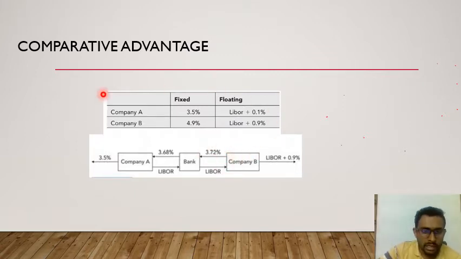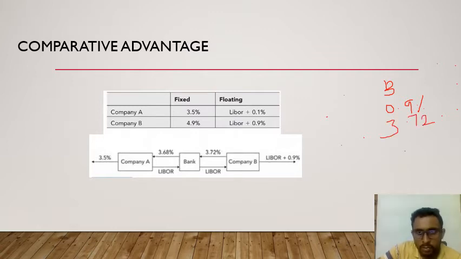In this arrangement, the total gain for each party will be calculated individually. Take party B. B will be getting LIBOR from the bank and paying LIBOR plus 0.9%, so his net outflow is 0.9%, plus he will also be paying 3.72% to the bank.